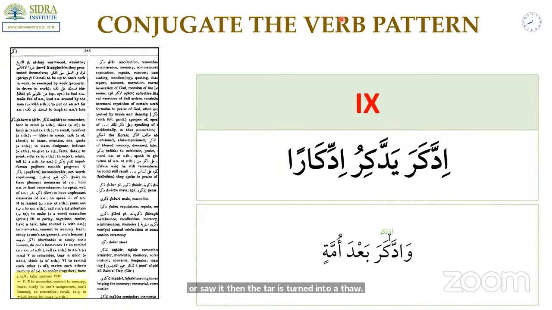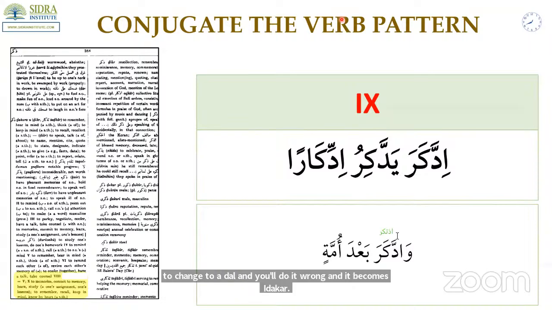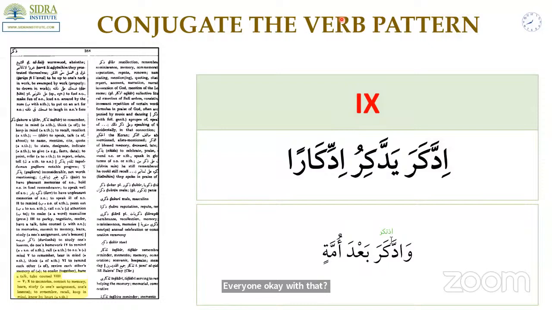But this is a similar rule, with different things coming into play. That is, if the fa kalima is zal, then you'll change that into a dal, and the ta you'll change to a dal, and you'll do idgham, and it becomes iddakara. Everyone okay with that? Thumbs up or say yes, you've understood, or you haven't understood. It's all right.